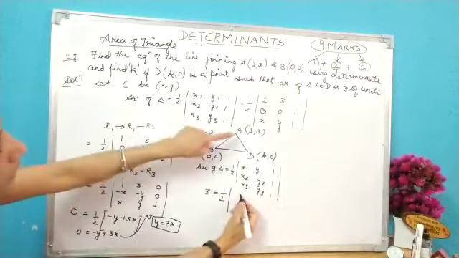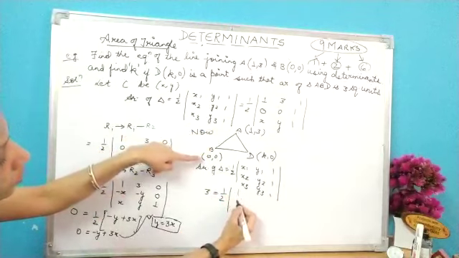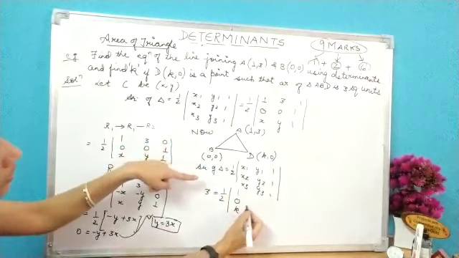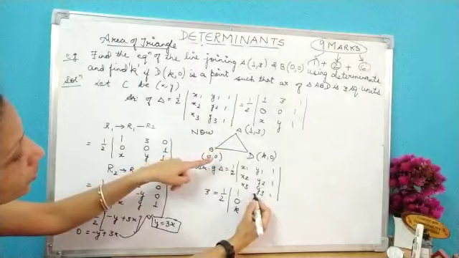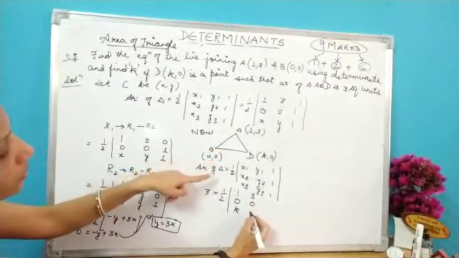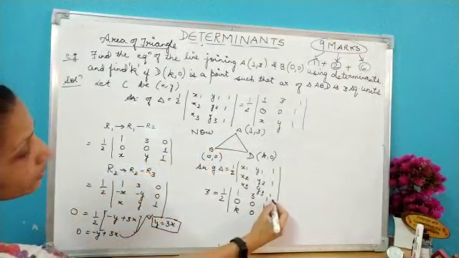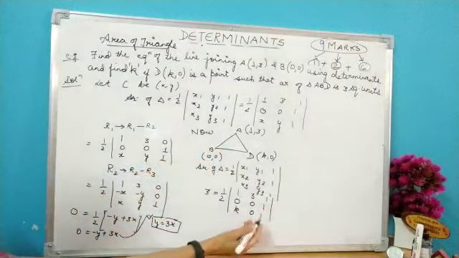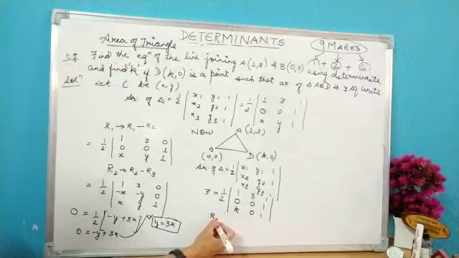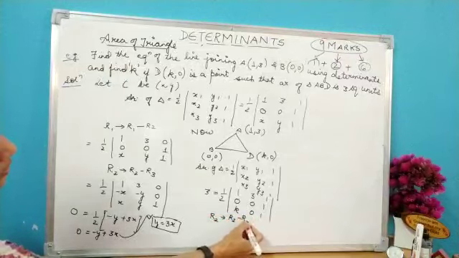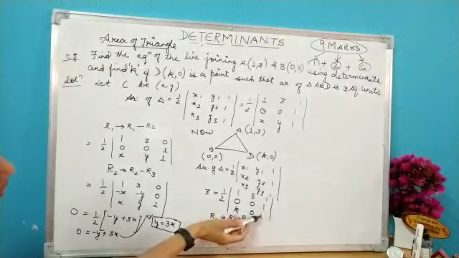Now, what is my x1? x1 is 1, x2 is 0 and x3 is k. Here, y1 is 3, y2 is 0 and y3 is 0. Then 1, 1, 1. Now, I can apply R2 minus R3. So, it can be converted into 0.